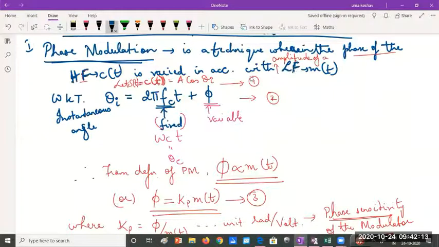Okay, that's the definition. And once you have this fixed, next you can say, therefore, let the angle modulated signal, or let the carrier, both are one and the same.